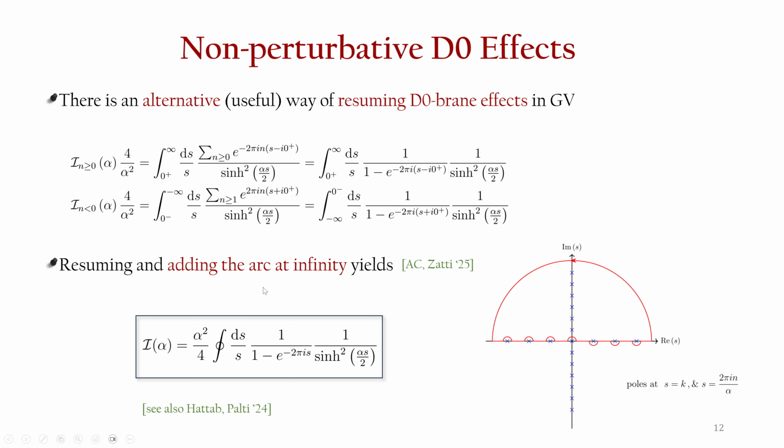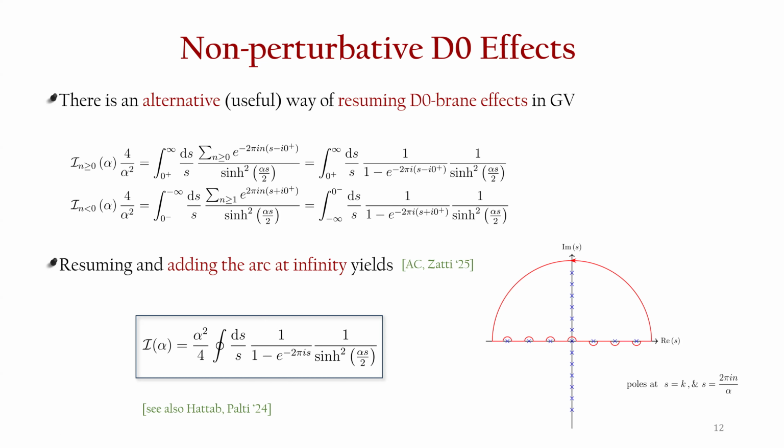Okay? I should say that this kind of representation was also derived independently by Jarrod and Eran, but actually even more general, because in their case, they argue that they find a formula that also includes the D0, D2 bound states. In our case, we're only caring about D0-branes because they give you the leading order quantum corrections at large volume.